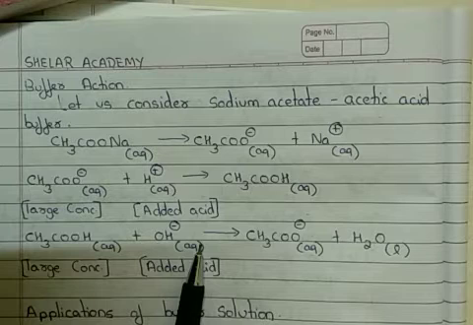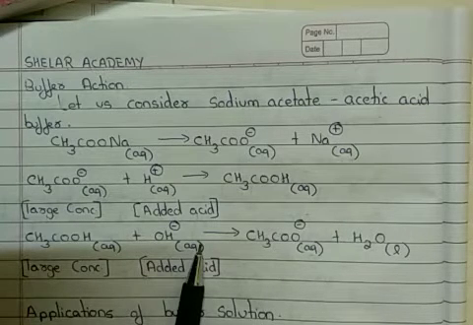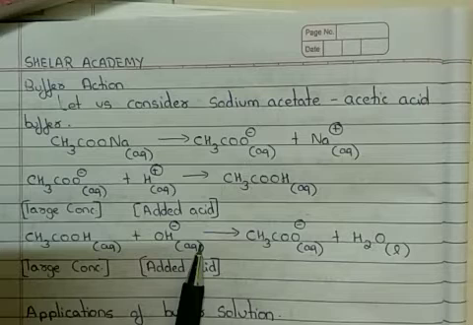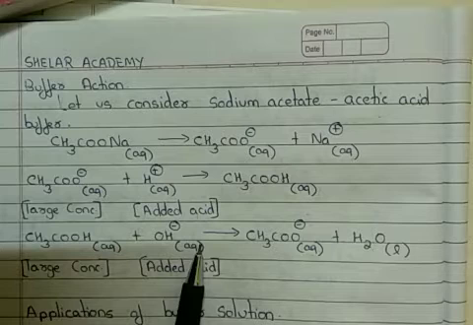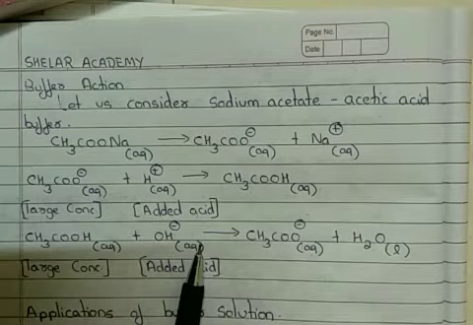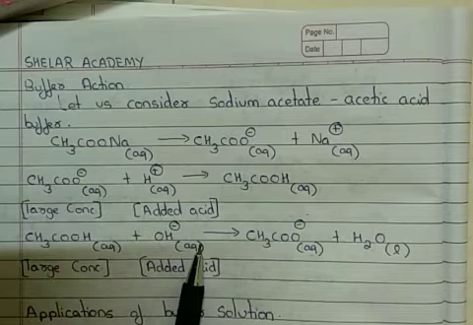The question can come for 3 marks, or sometimes it can come for 2 marks also. So this explains that the acid or the base added cannot change the concentration of H plus or the concentration of OH minus. As it does not change its concentration, the pH of the buffer remains unchanged.